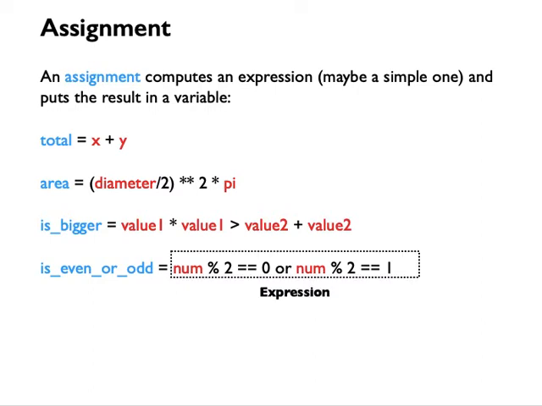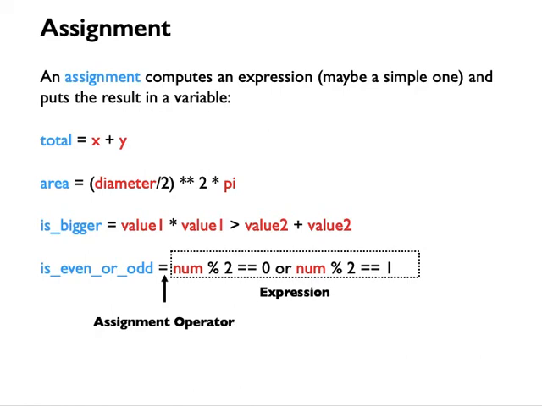Again, the right-hand side can be any kind of expression. The single equal sign is the assignment operator. By the way, it sometimes is confusing because a single equal sign in a programming language means something different than an equal sign in mathematics.